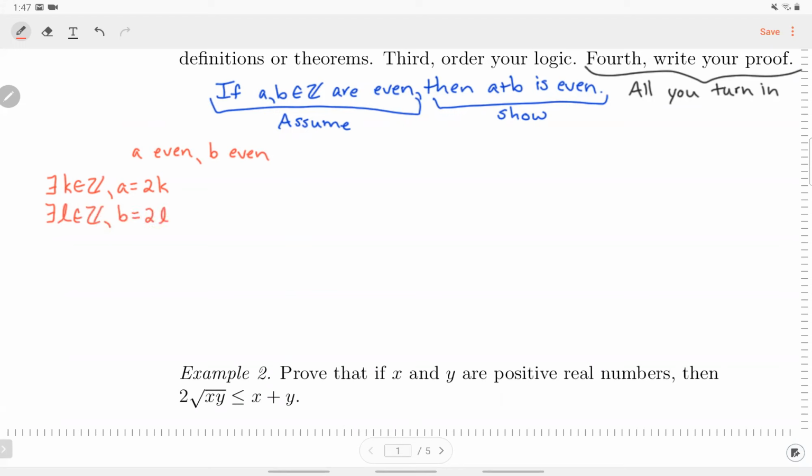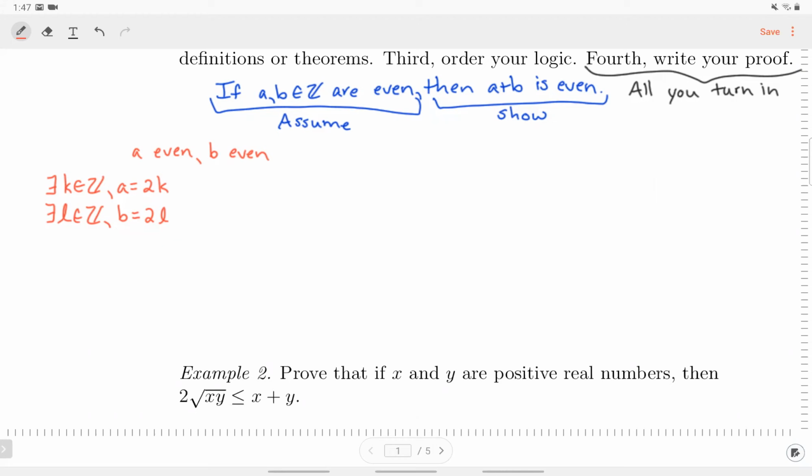Notice I had to use two different variables here because k and L could be the same number, but they're probably different. So I needed to represent them with different variables. I could have used X and Y if I wanted, or Z and W, whatever. I just like K and L, so that's what we'll use.